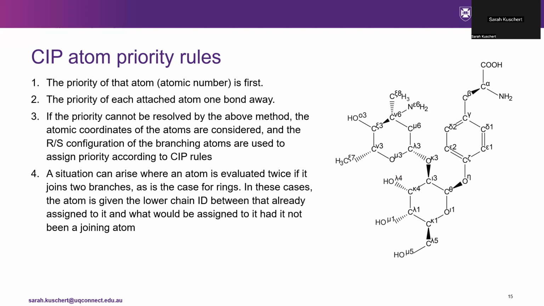If there are no points of difference, however, you can use the atomic coordinates and RS configuration of the branching. That itself was a particularly difficult part of the code to get right, but we did get there eventually. And in some situations, such as in the case of rings, an atom can actually be counted twice.